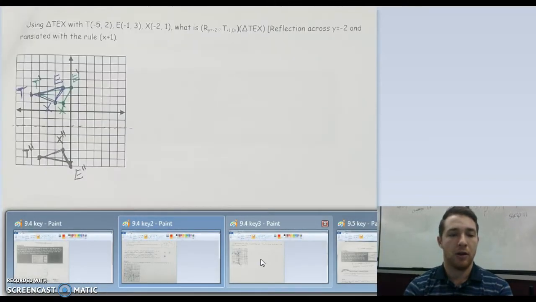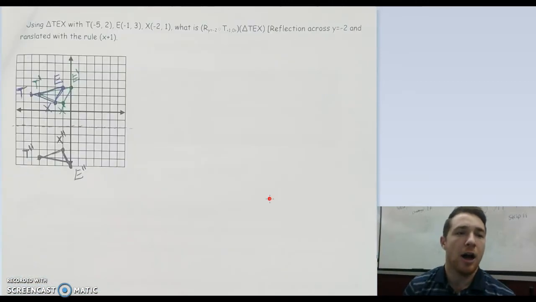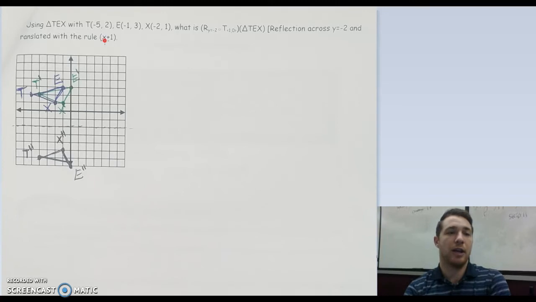So trying that a little bit further, we have this triangle TEX again, so same coordinates to start with. This time we want to reflect it over the line y = -2 after we've translated it using the rule (1, 0). And again, reading that rule, (1, 0) means I move 1 unit in the x direction, so 1 unit shifted to the right, so it doesn't change too much the first time.